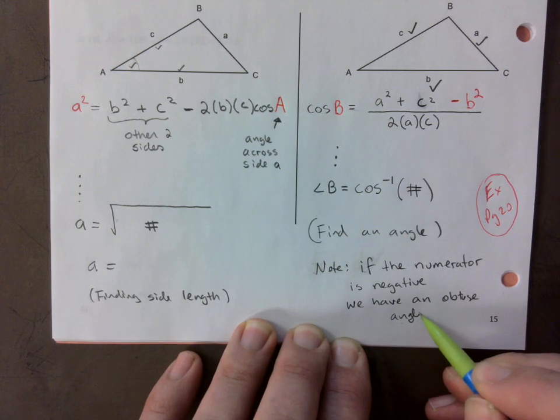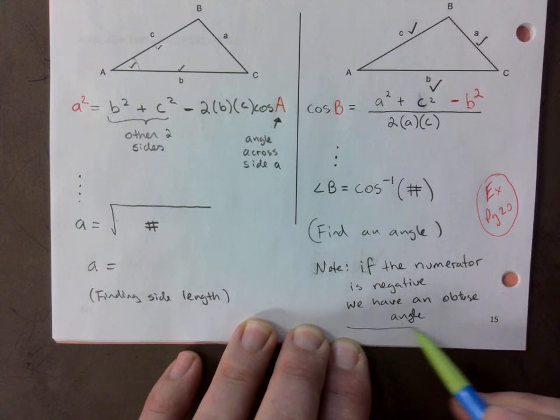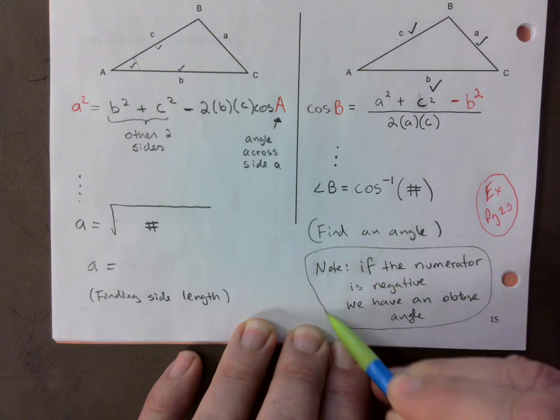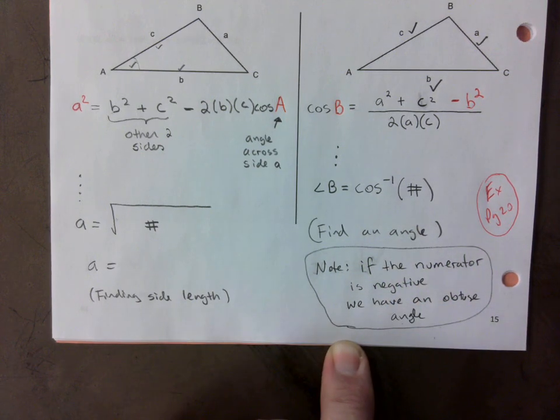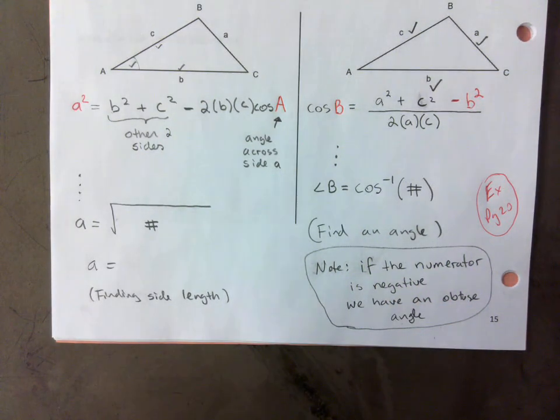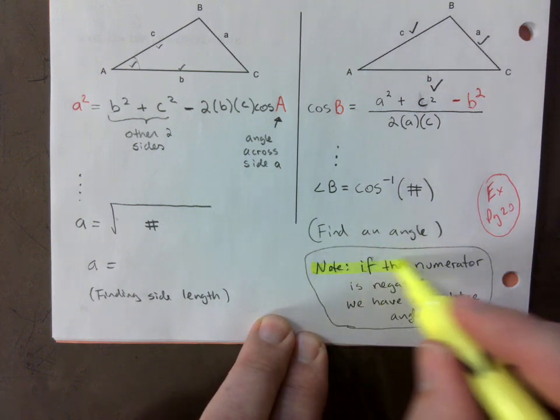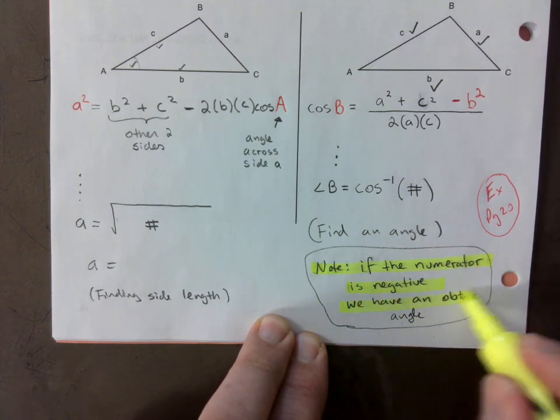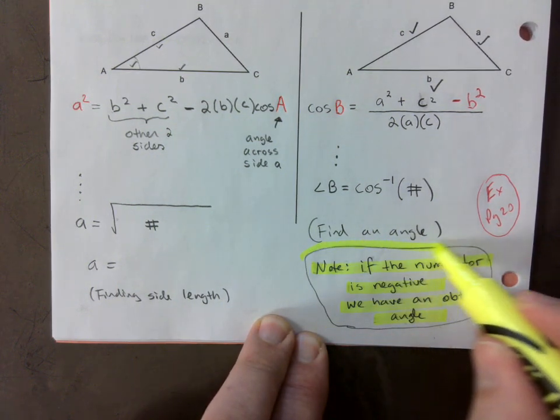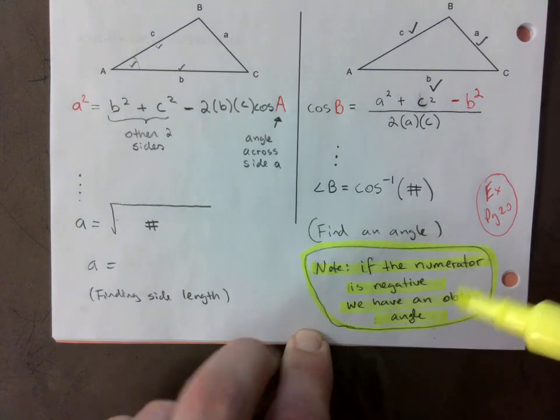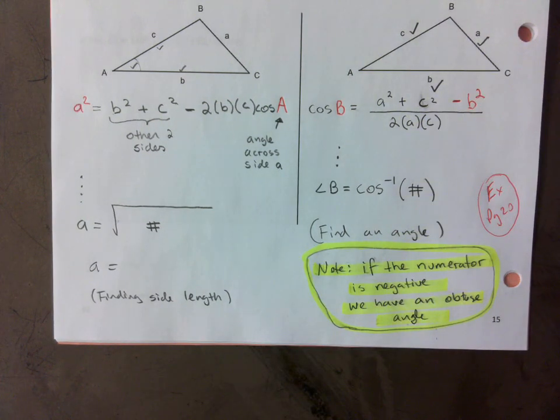And if you don't know what obtuse is, just write a note to yourself: it means greater than 90. And I will make this really stand out. I would have this close in proximity to this formula. And that's why I like formulas written by you, not the formula sheet, because that doesn't tell you all these little details.